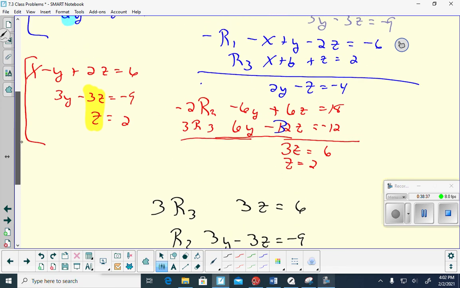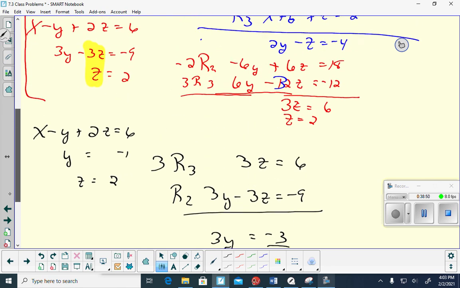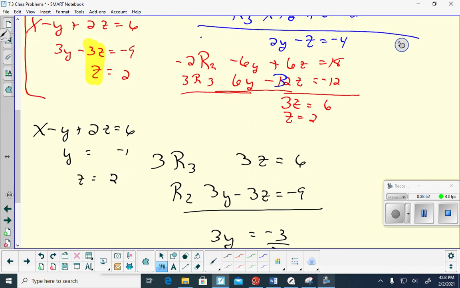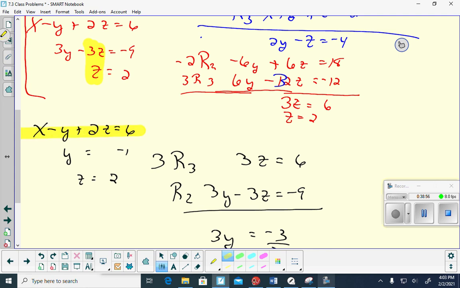So what I have now is x minus y plus 2z is equal to 6, y is equal to negative 1, z is equal to 2. Now, according to the directions, I'm going to do row 1 and row 3 to eliminate the z.